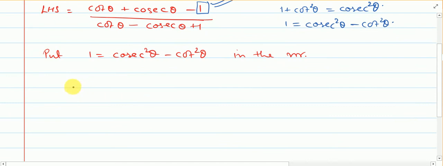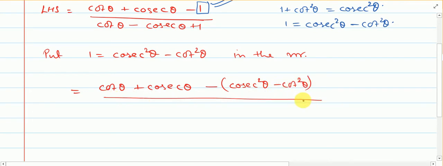Now we get cot theta plus cosec theta minus, now in place of 1 I'm writing cosec square theta minus cot square theta, and down cot theta minus cosec theta plus 1.